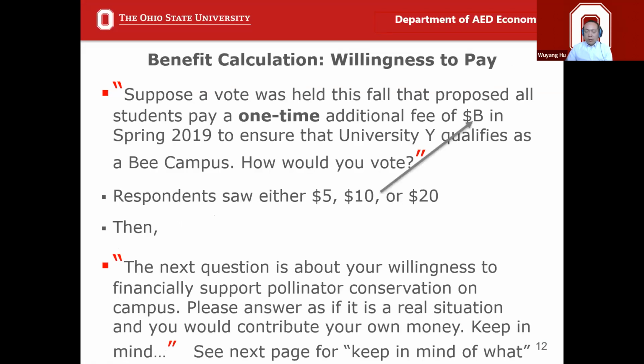Continuing our survey question, we ask the respondents to suppose a vote is going to take place in the fall. And we did this study in 2018. You may ask, why is your data so old? Our intention was to repeat this kind of research every 2 years.